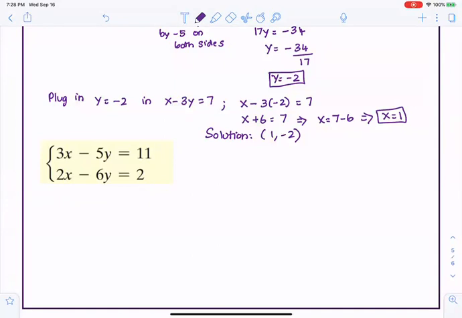You can cancel out two numbers if they are the same. So I want to turn 3x and 2x into the same expression of some sort so that I can get rid of the x term.